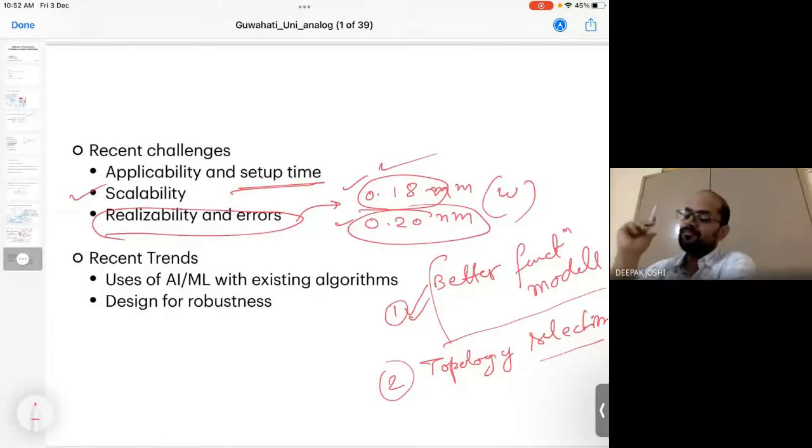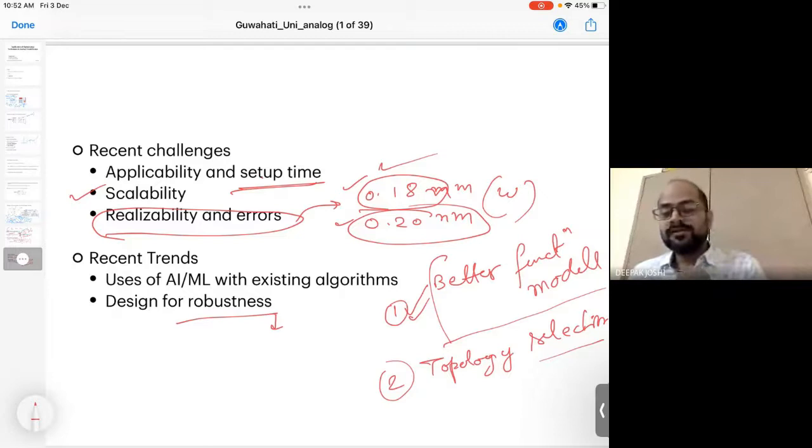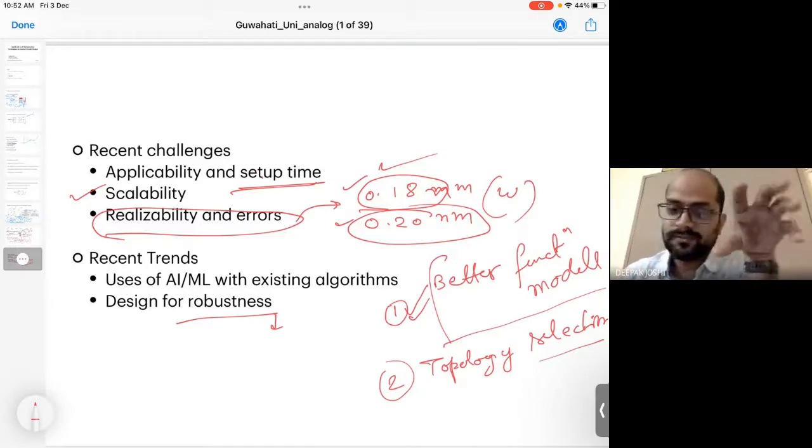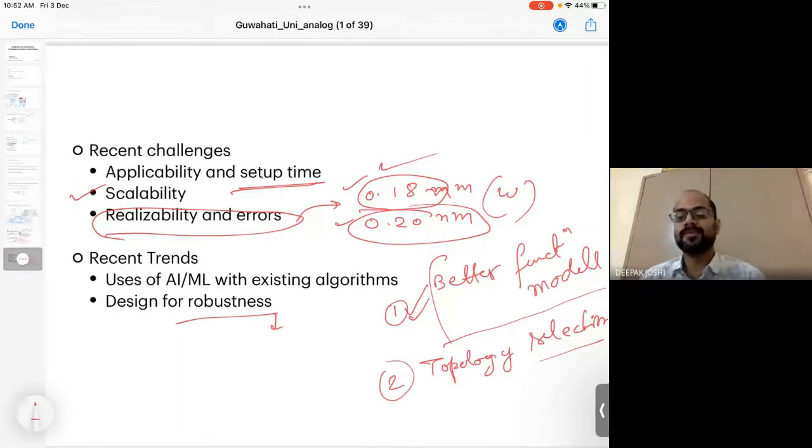So these are the recent trends, and robustness is also being incorporated. Robustness means that if there is a variation in the circuit or fluctuation in the environment or in the power supply, how it impacts the performance of the circuit.